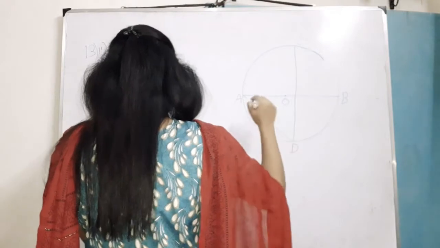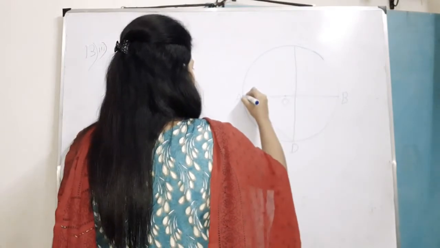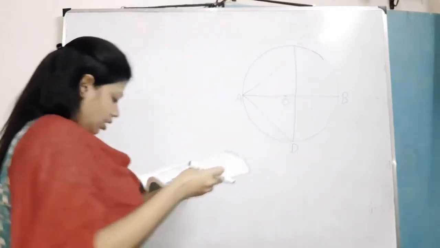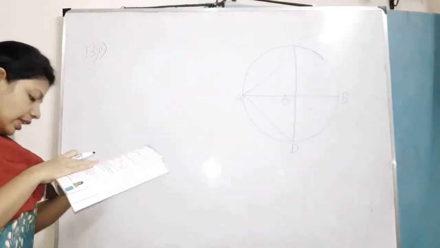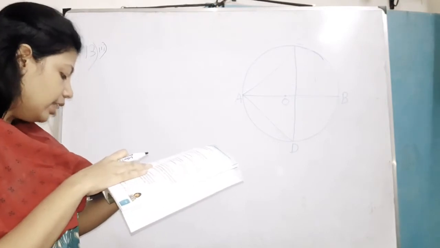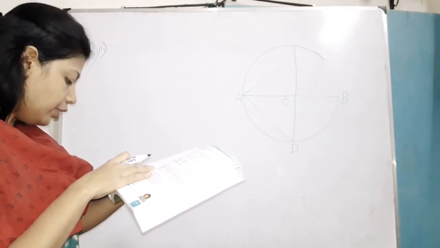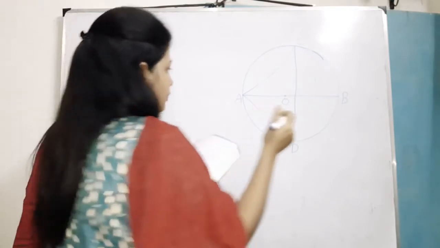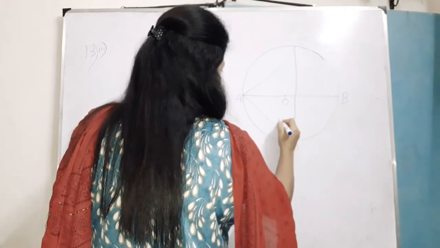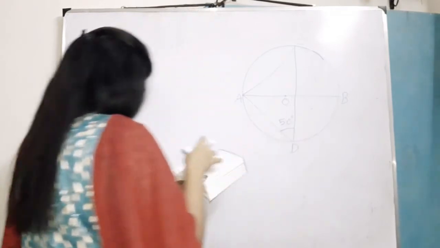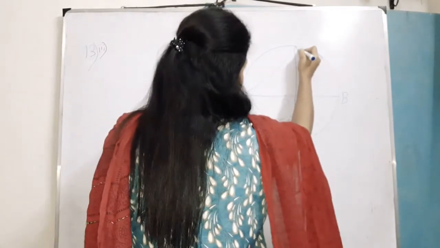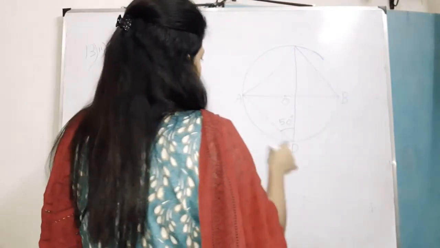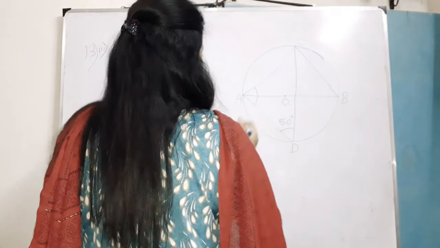CD is a chord and AB and CD are perpendicular to each other, it is given. So O is the center of the circle, AB is the diameter. If AB and CD are mutually perpendicular, angle ADC equals 50 degrees. This one is 50 degrees. We have to find angle CAD. You have to find this one.